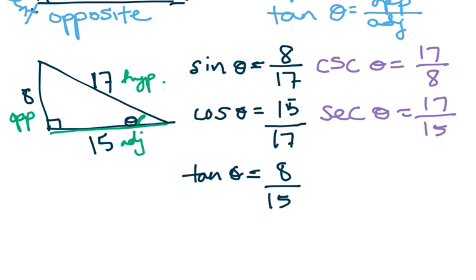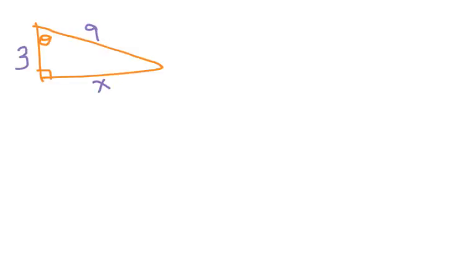That's upside down. And then the reciprocal of tangent is cotangent of theta equals 15 over 8. That's all you need to do for this first section. We're just practicing our 6 functions and figuring out what's what. So we're going to do another one with some numbers that aren't quite as easy, but you'll see where it comes from in a second.